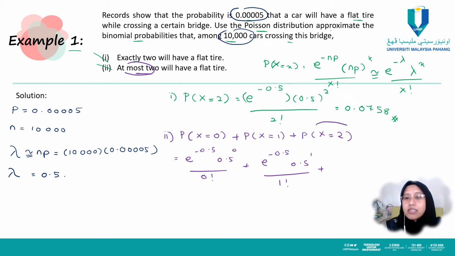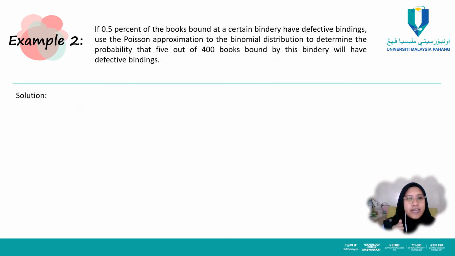Actually, probability X equal to 2 we already calculated in question number 1, so plus 0.0758. So you just use your calculator. The answer for at most 2 will have a flat tire is equal to 0.9856.